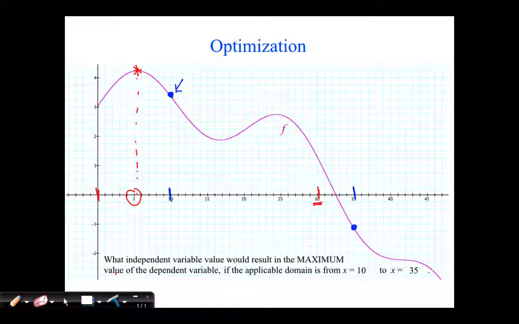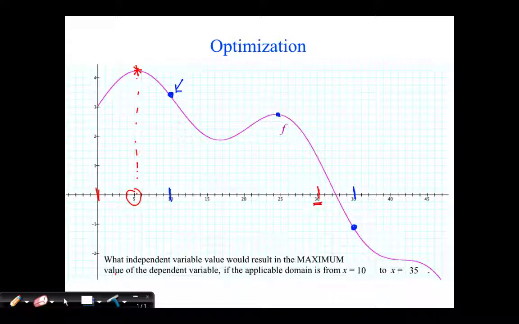It's just because of how the domain was structured and how that interacted with this function that it happens to be the highest. This looks like the second highest point. But when we introduce the idea of a restricted domain, we come across the idea that it could actually be at the ends of the domain where the highest or lowest dependent variable values occur. Not anything to do with the derivative.